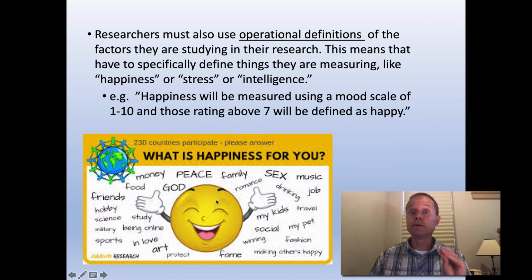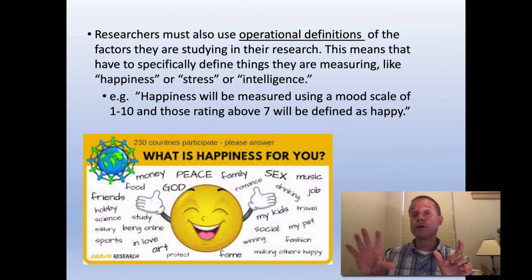So if you were doing a study measuring happiness, you would need to say happiness will be measured using a mood scale of 1 to 10, and those rating above a 7 will be defined as happy. Now that's just an example. You could define happiness however you would define it, but you need to specify it in your research. You need to have operational definitions so that other people know what you mean.